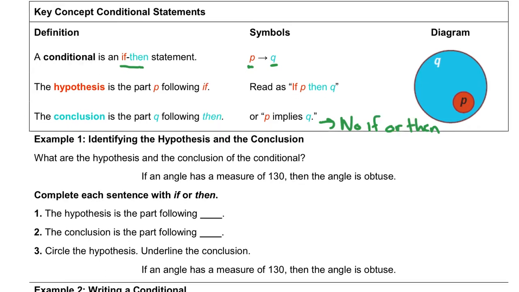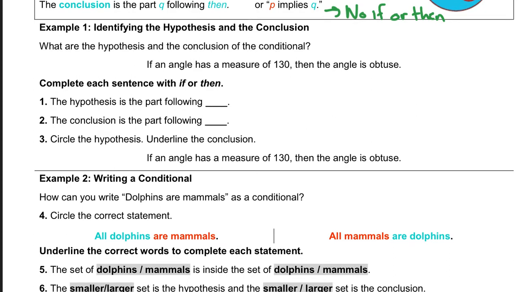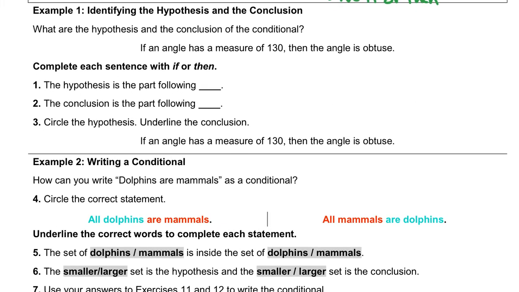So when we talk about identifying the hypothesis and conclusion, I'm asking what the hypothesis and conclusion of this conditional statement are. So if an angle has a measure of 130 degrees, then the angle is obtuse. So it's remembering the hypothesis is the part following if, the conclusion is the part following then. So if is not actually part of our hypothesis.